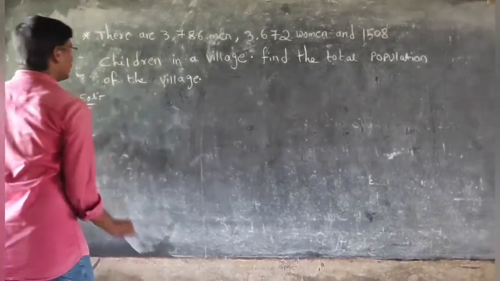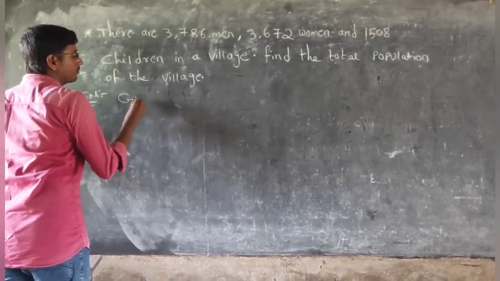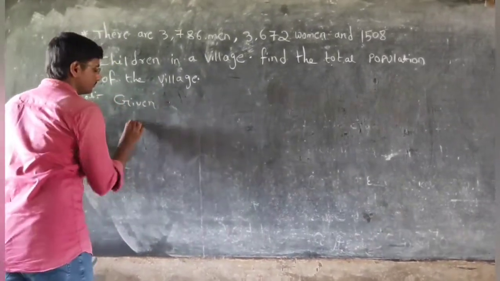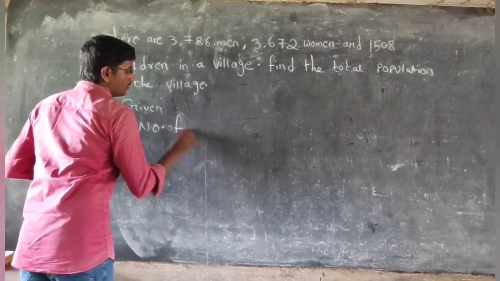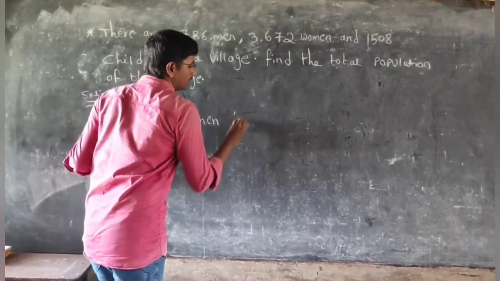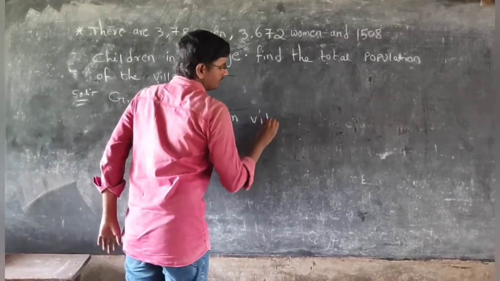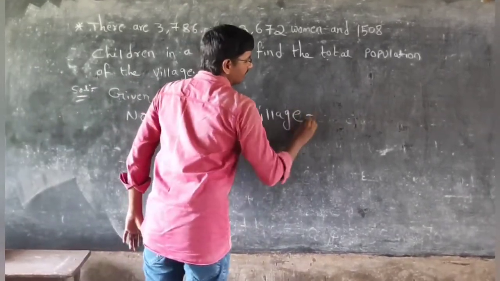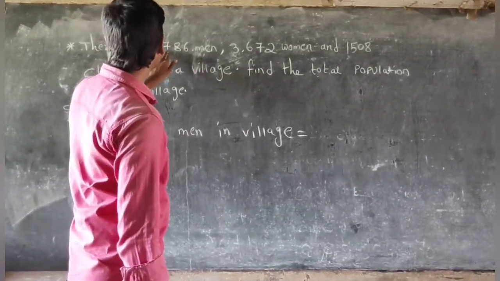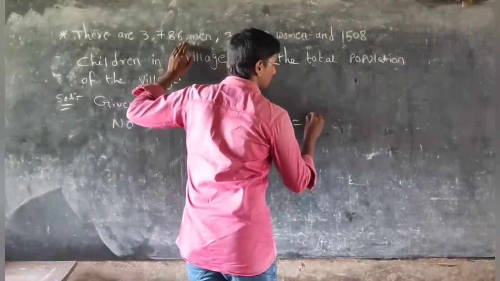Okay, let us write the data of the problem. Given: number of men in the village, how many men are in the village? 3,786.